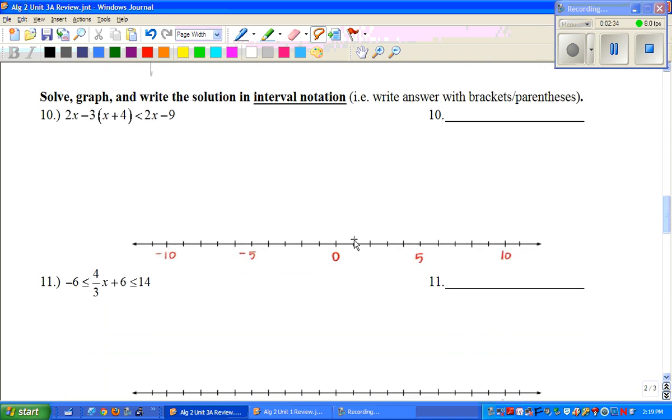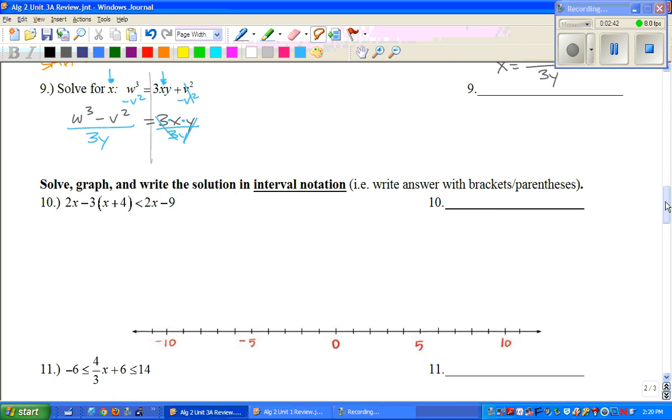All right, moving on to solving and graphing. Write the solution in interval notation. Write the answers with brackets and parentheses. So, a couple of things that we need to remember. Let's go through some of the signs.